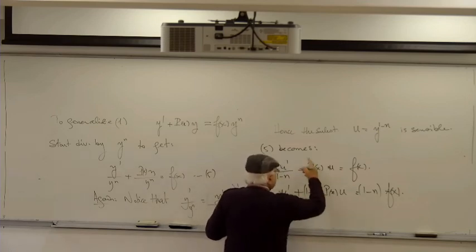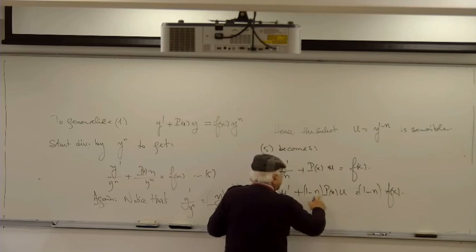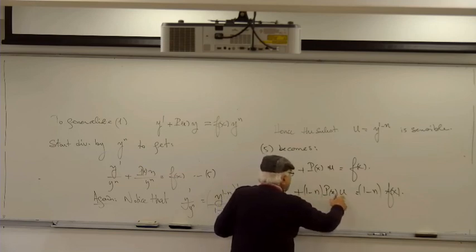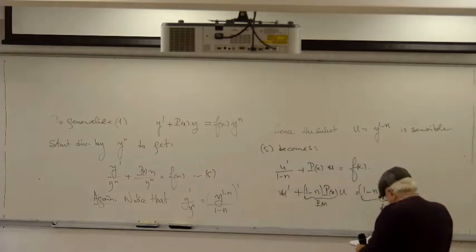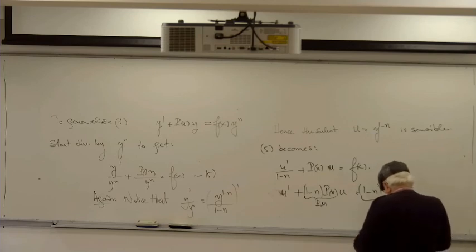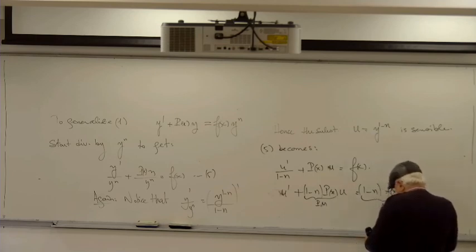Whereas in the linear differential equation of the first order, we have a p of x multiplied by the function. Over here we have this. So this is our p1 of x. And this is our, let's say, f1 of x. Okay? And this is now linear first order.